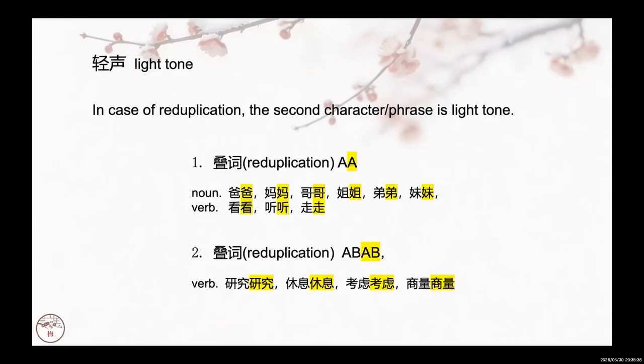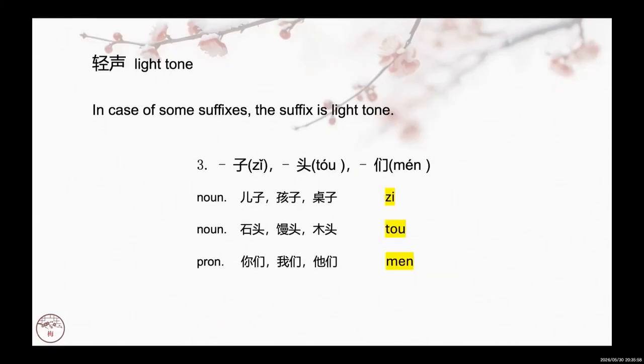It's very apparent. 弟弟 is younger brother. Usually, not only do we speak the first character stronger, we also speak a little bit longer. The second character is lighter and shorter, right?